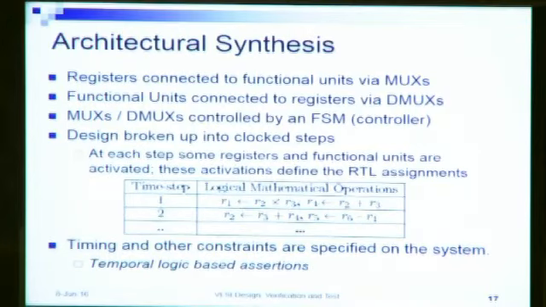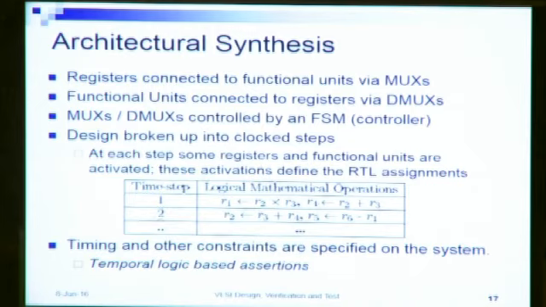Right? So the third point here is that the muxes and demuxes are controlled by an FSM. Now the design is therefore broken down into a set of clocked steps. At each step, some of the registers and functional units are activated, and these activations define the RTL assignments.